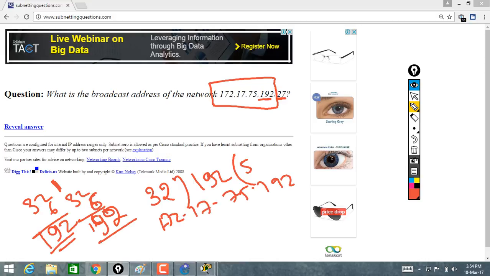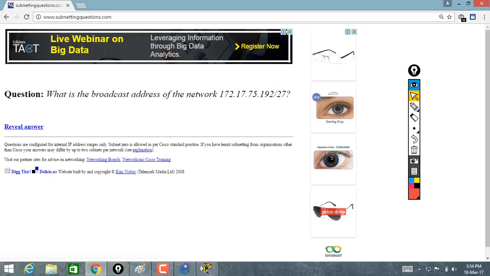172.175. The block size is 32. If I add 32 to this, I'll get the next network ID, 224. So .223 will be the broadcast IP of this network.